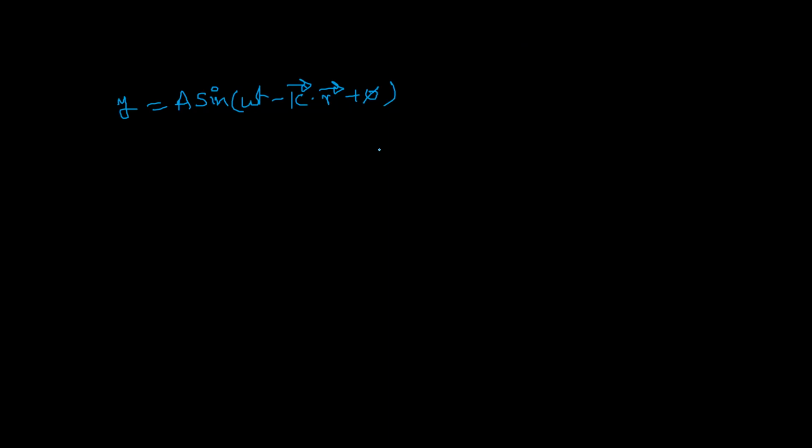Okay. And k bar is known as the wave vector. What is k bar? K bar can be taken as kx i cap plus ky j cap plus kz k cap. Okay.